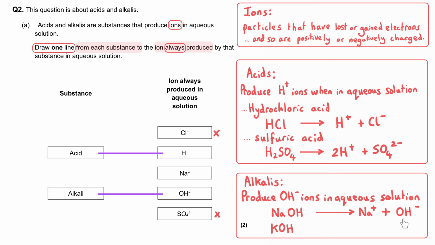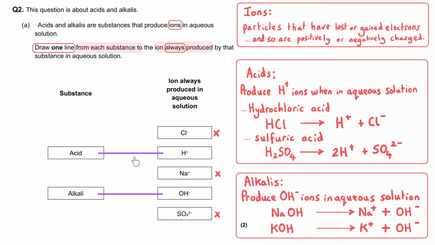And so we need to connect the alkali to the OH-, and again we've got quite a plausible decoy here for Na+ as another option, and that's because sodium hydroxide will produce Na+ ions, but a different alkali, for instance potassium hydroxide, would produce K+, and it would produce OH-. And so alkalis will produce OH- in aqueous solution.